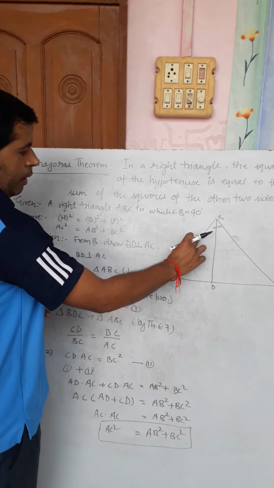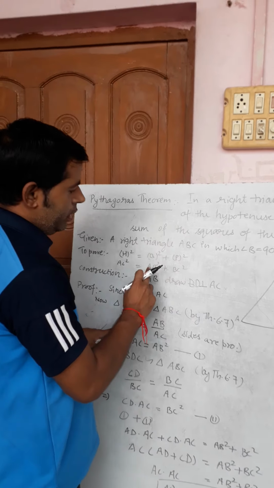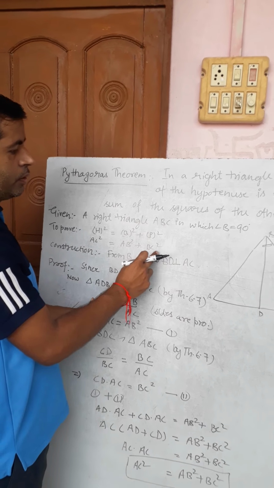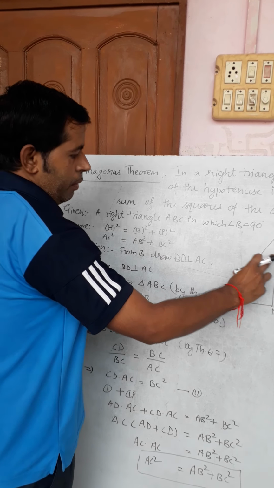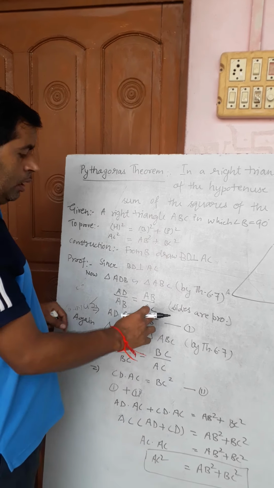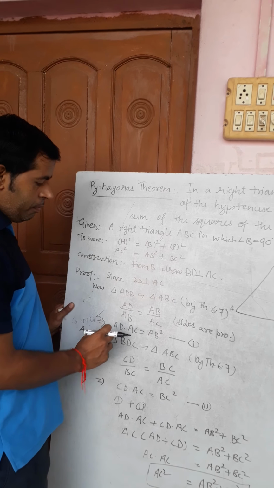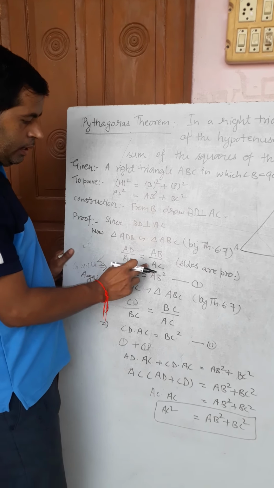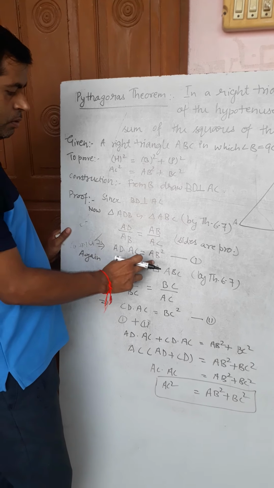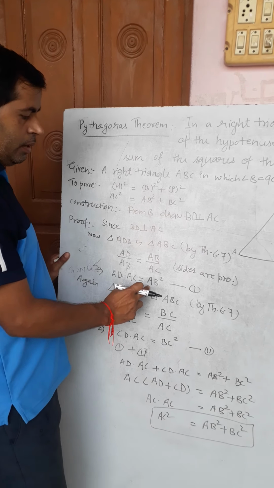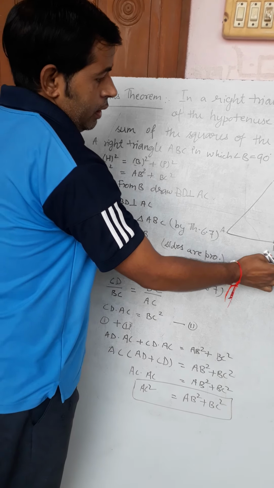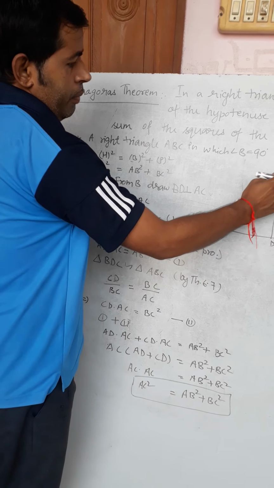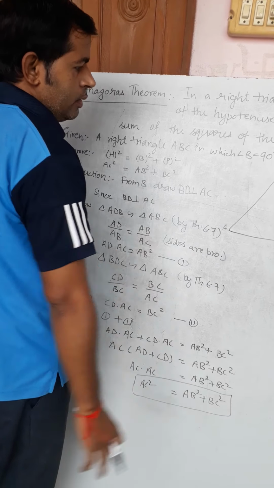So AB upon AC, whatever our requirement here, AB and BC, so we will write in terms of AB and BC, so AB upon AC. Now by cross multiplying, AD into AC equals AB into AB, that is AB square. Let this be equation first. Again this triangle BDC is similar to ABC, so we can write their sides as proportional.